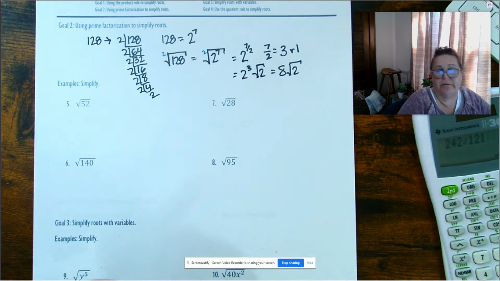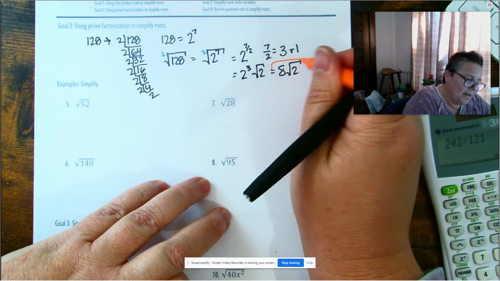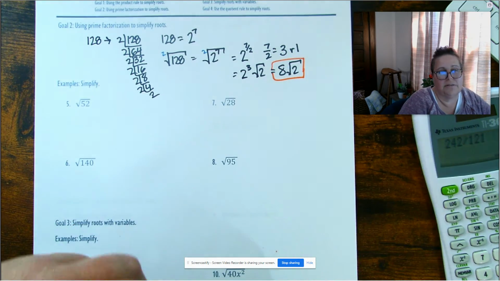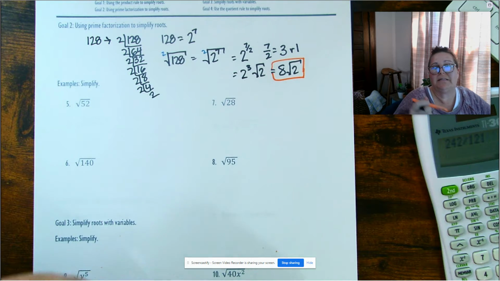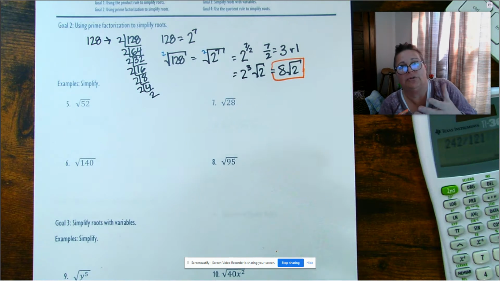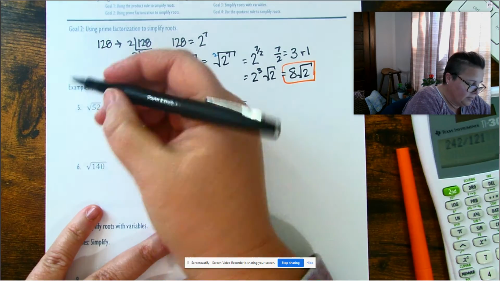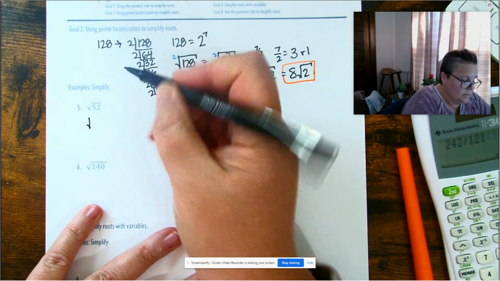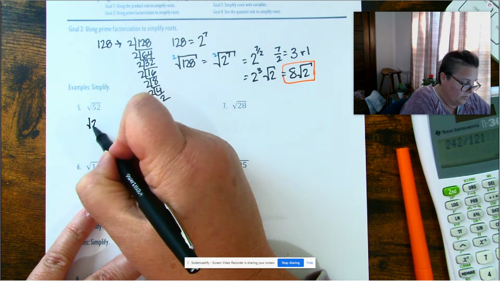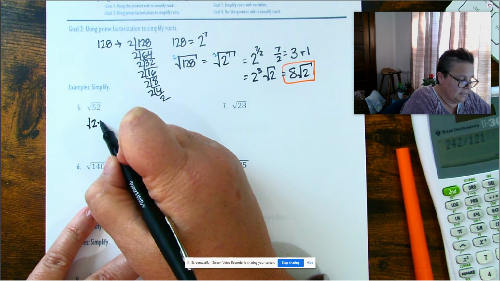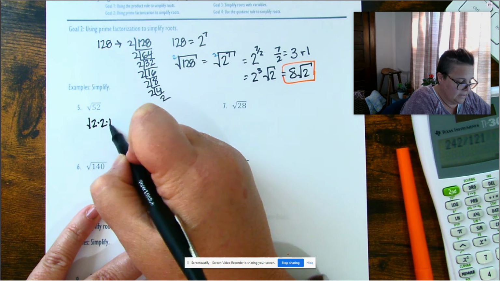Now, why do I prefer this method? Because when I do prime factorization, I can start somewhere, right? And because it's square roots, I know for every 2 underneath, I can pull 1 out. In a slightly modified version, 52 is 2 times 26. 26 is 2 times 13.